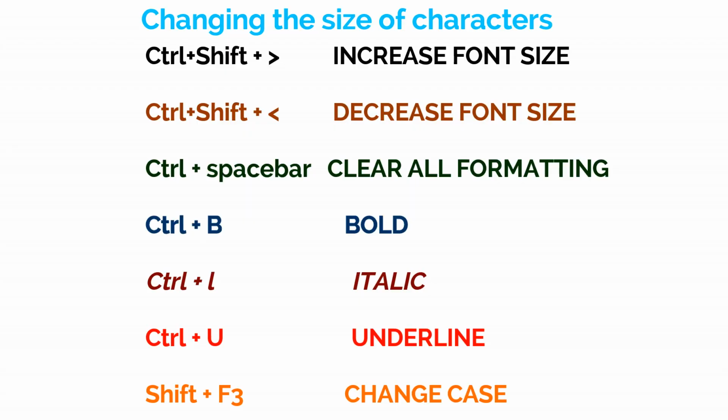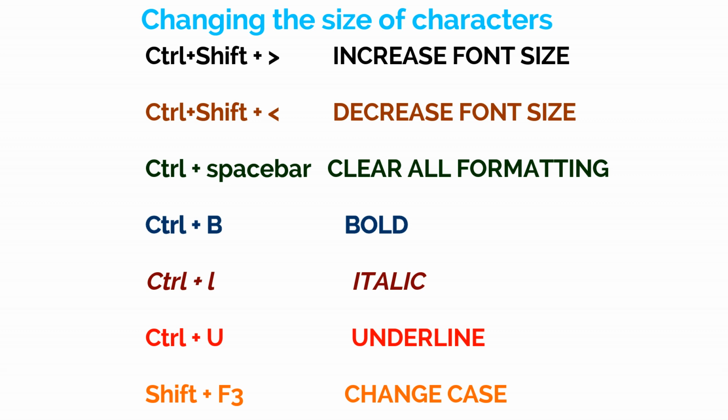Alternatively, several keyboard shortcuts are also used. Let us consider some examples below. Control plus Shift plus greater than key helps you to increase font size. Control plus Shift plus less than key helps you to decrease font size. Control plus space bar helps you to clear all the formatting.